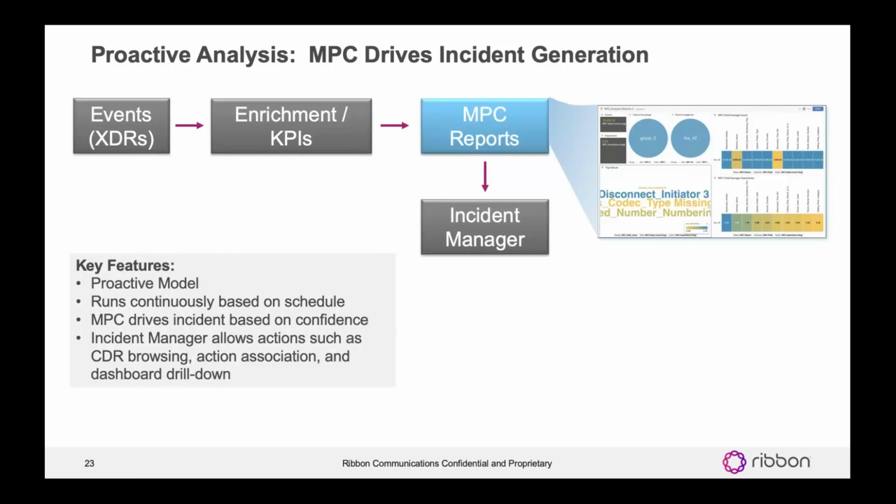Next slide there. So we can take MPC and use it in another way. We can use it proactively. Rather than using rules in the network to realize that there's a problem, say, a high rate of failures, we can run MPC and have it generate incidents itself. It wouldn't be quite like a threshold crossing alarm.